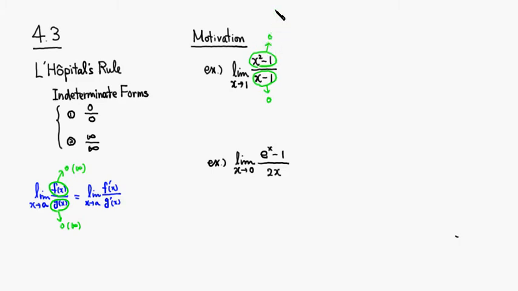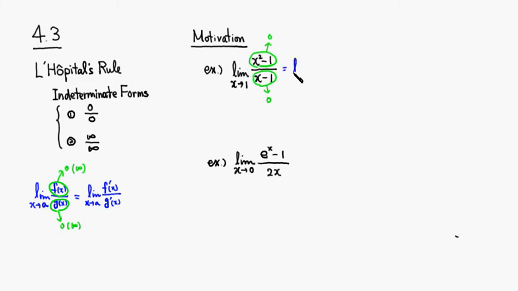Before L'Hopital's rule, we factored, since 0 over 0 indicates there's going to be a common factor on top and bottom. We want to squeeze that out.